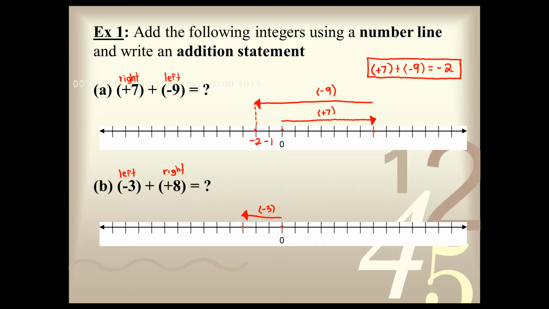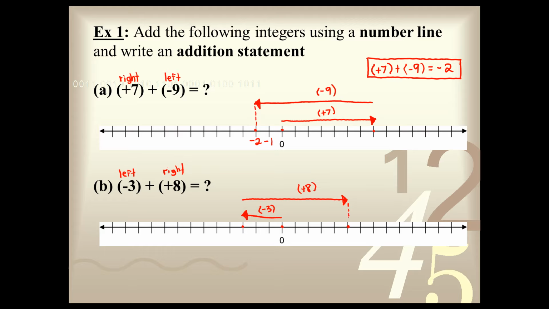So we'd start here and we go 1, 2, 3, 4, 5, 6, 7, 8, and we end up at this spot. And if we draw that and label it as positive 8, then your answer is going to be wherever the second arrow ends up.